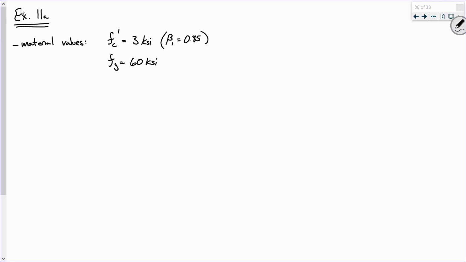Now, what that tells us is that the strain that is required to generate yielding is fy over the Young's modulus, which is 60 ksi over what? Not bad.